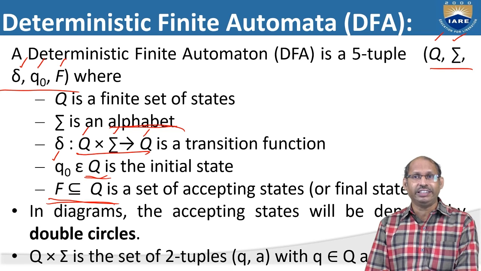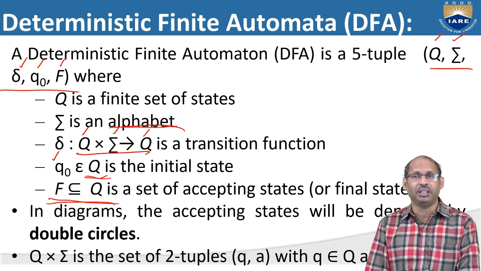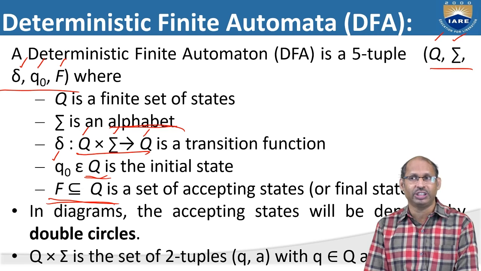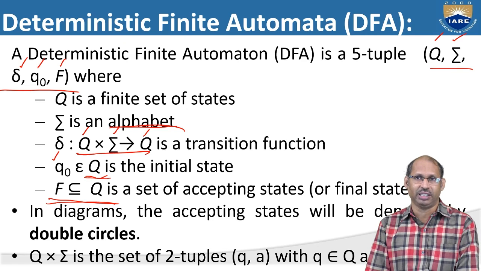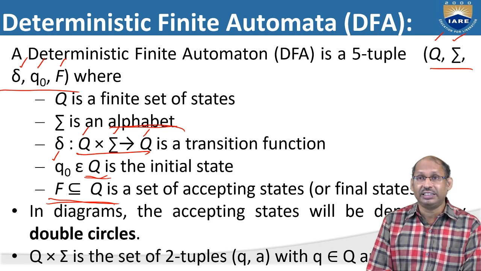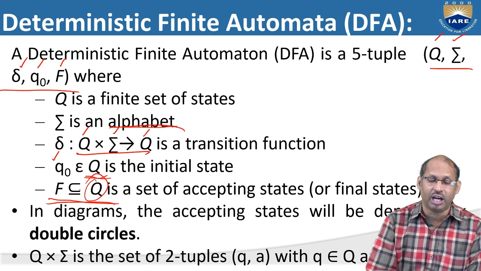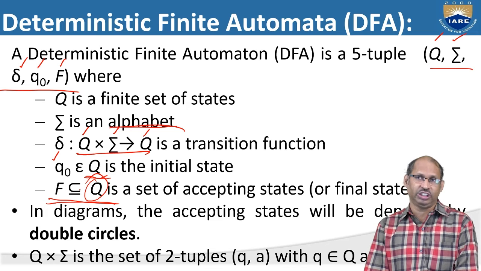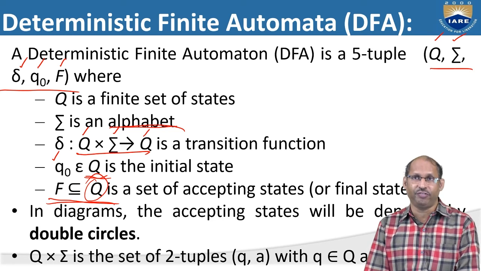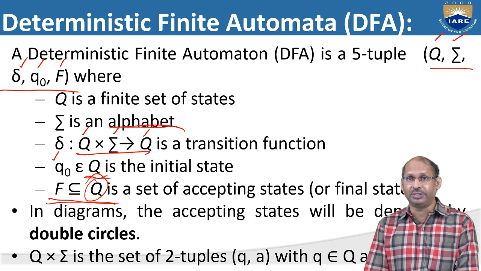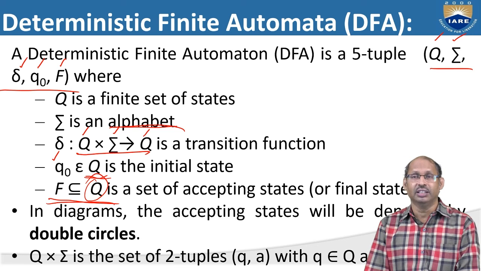If we do not reach the final state, then we say the input string is not accepted. So the set of final states will be a subset of or equal to our set of states. Q consists of all the states of the finite automaton, and F consists of the final states, which may be a subset of or equal to the states of the finite automaton.